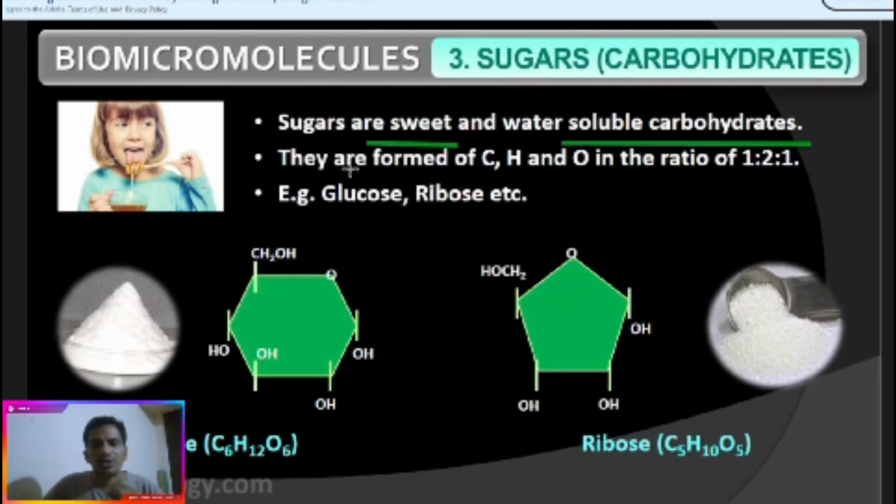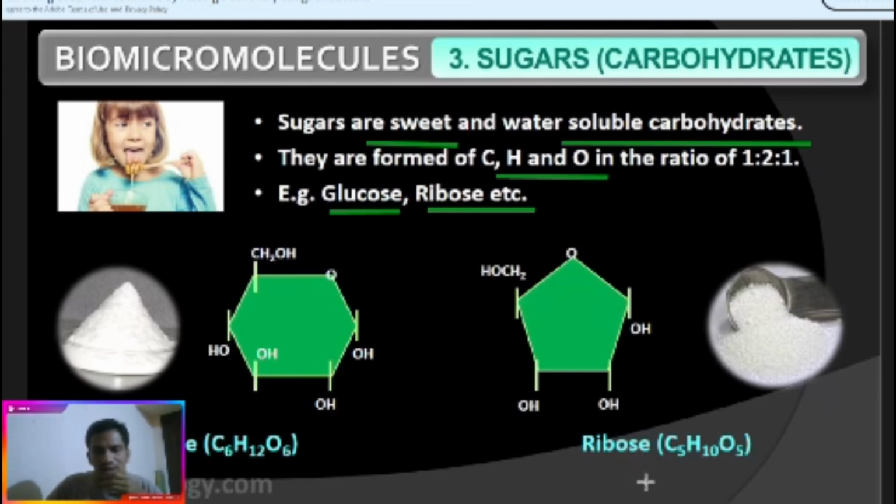The composition of carbohydrates is carbon, hydrogen and oxygen in a 1:2:1 ratio. Examples of carbohydrates: the best examples are glucose and ribose sugar. Glucose structure is C6H12O6: 6 carbons, 12 hydrogens, and 6 oxygens.